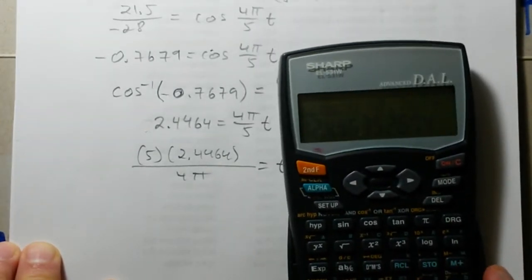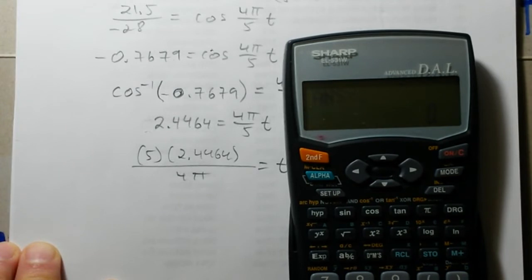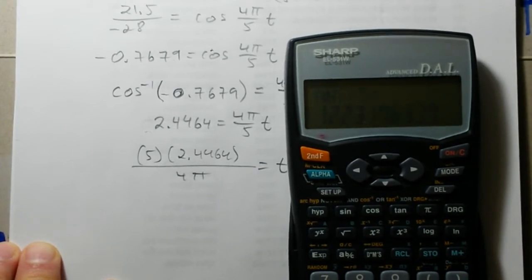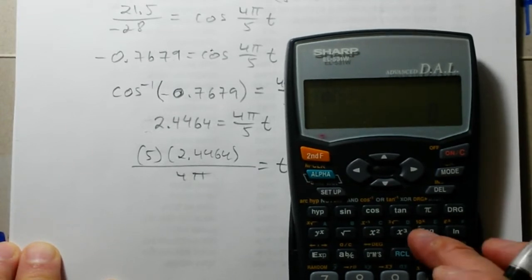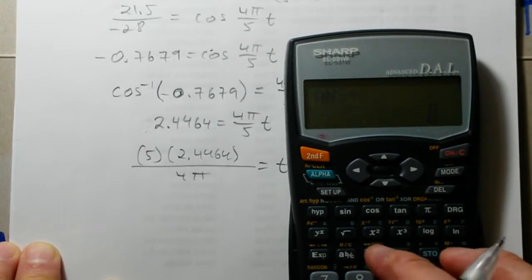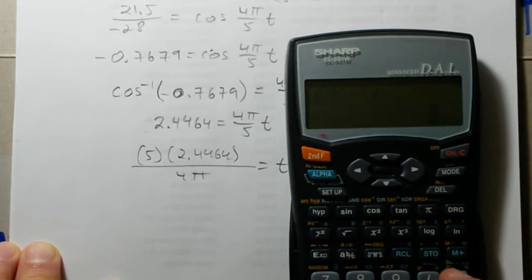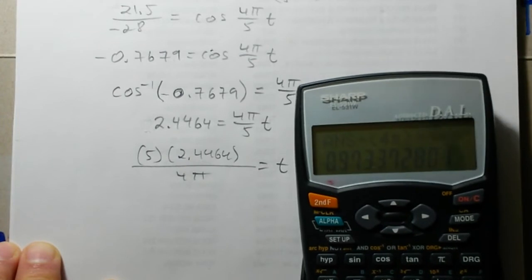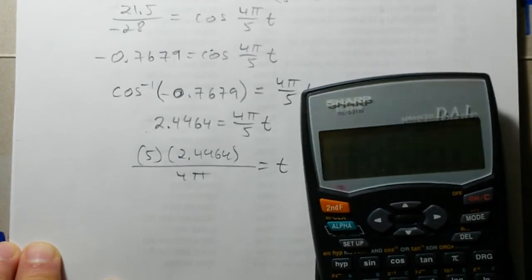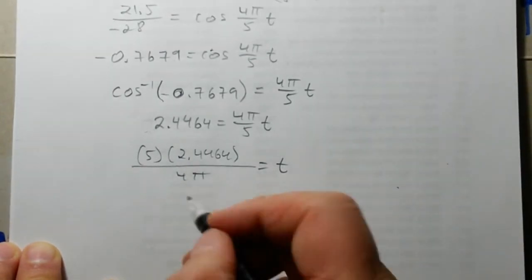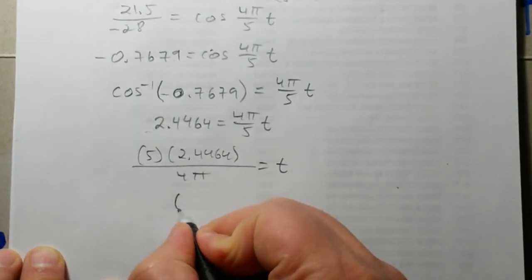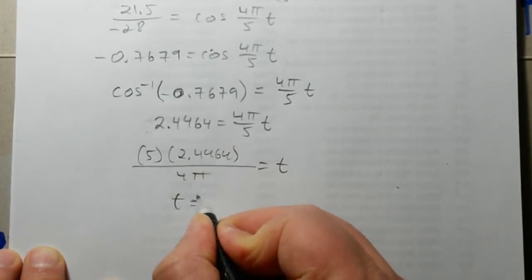I have that already there. Times 5, divided by 4 pi equals 0.973.